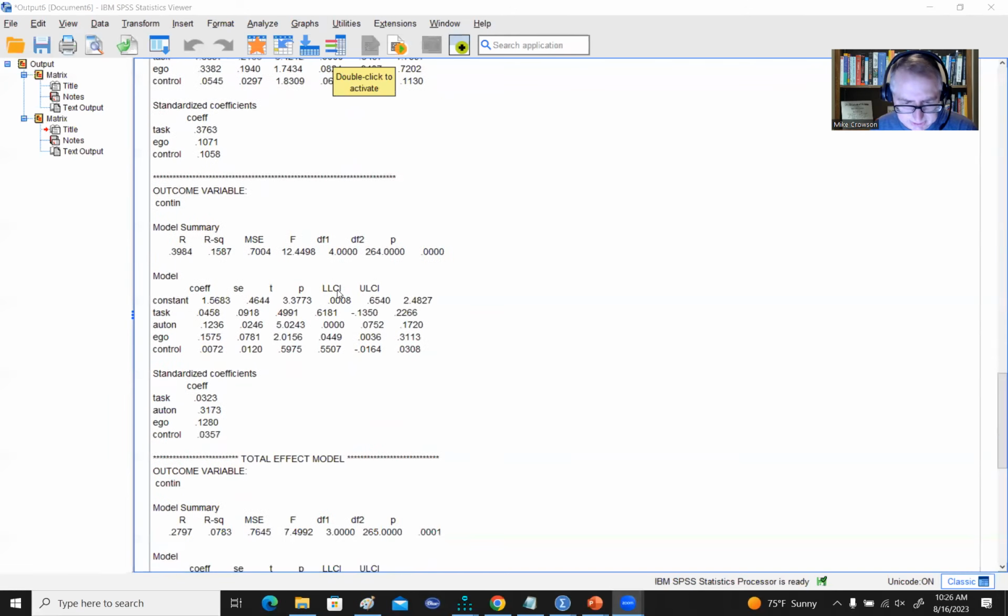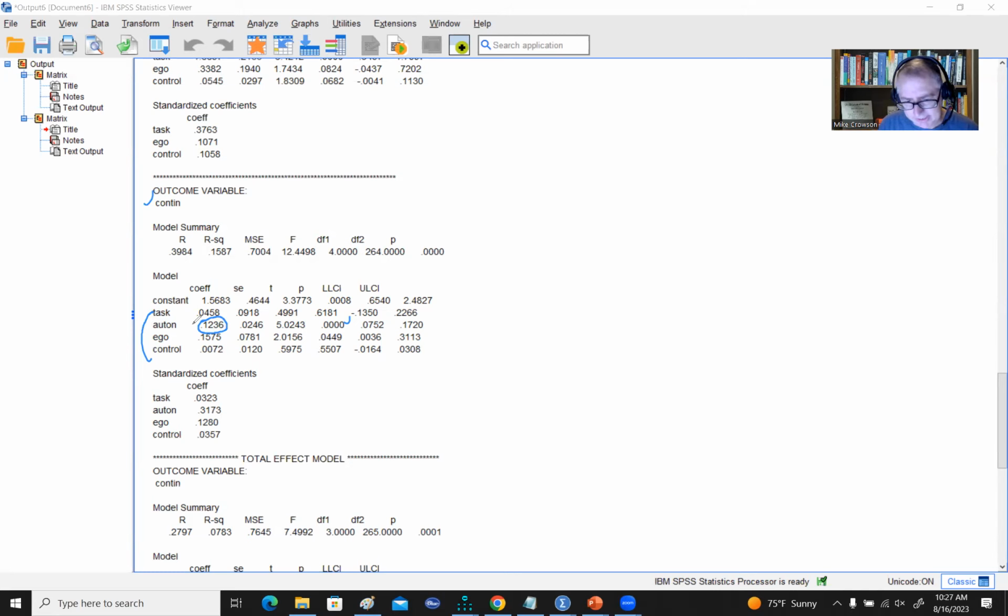We'll scroll down a little bit further and we'll look at the regression of intention to continue sport right here onto these 4 variables. So we have the task and ego orientation and autonomous motivation and control motivation. So in this particular model, you'll see that the direct effect of our proposed mediator on intention to continue is positive and statistically significant right here.